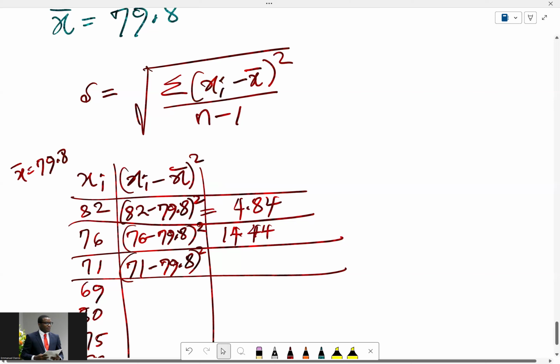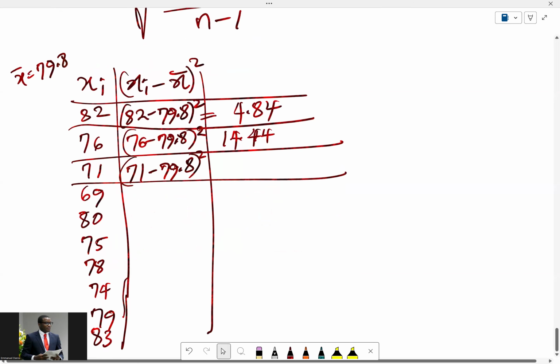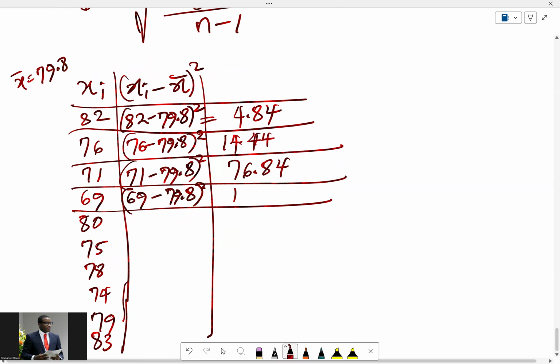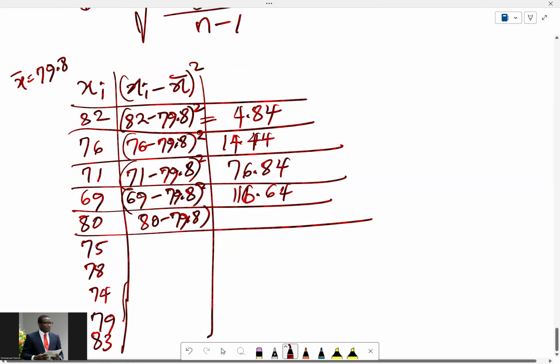That's this xi minus X bar squared there. So that should be 76.84. And we have 69 minus 79.8 squared, which is 116.64. Then we have 80 minus 79.8. That is actually 0.2, and 0.2 squared is 0.04.